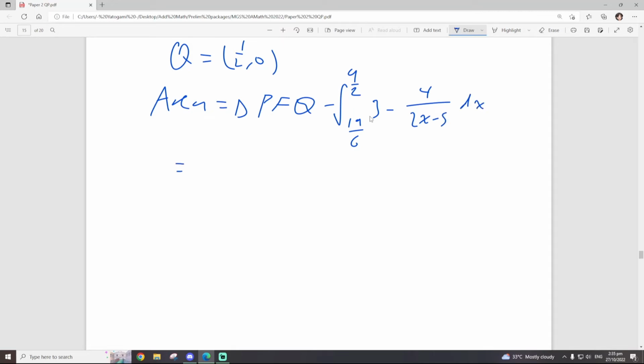Now the length of PQ, I think it's 9 over 2 minus a half, so that's half times base times height. The y was 2, I think.